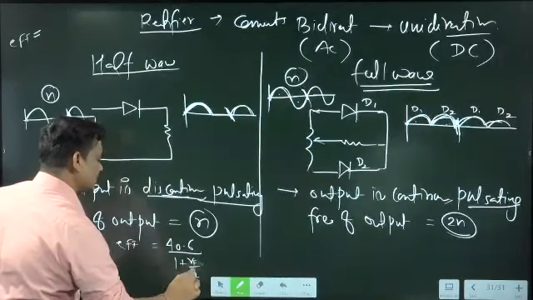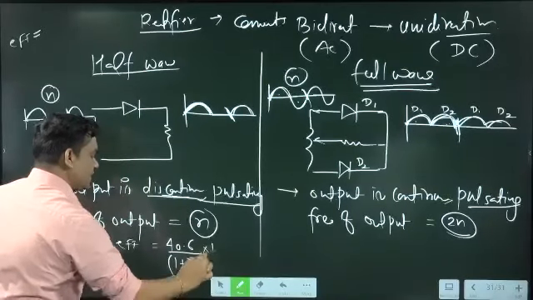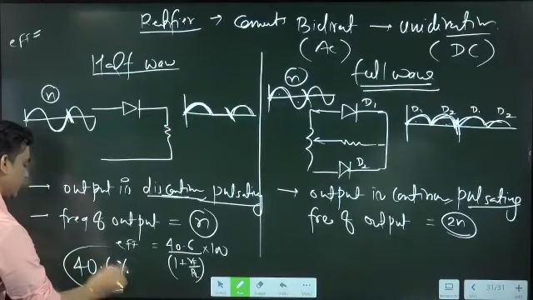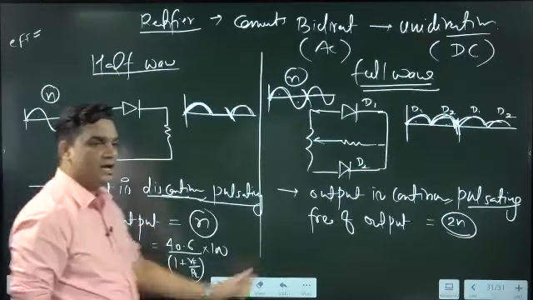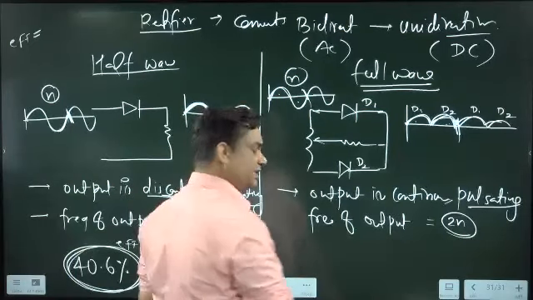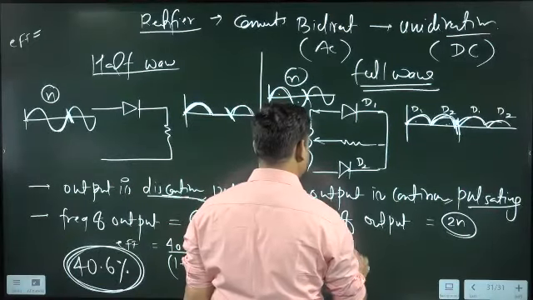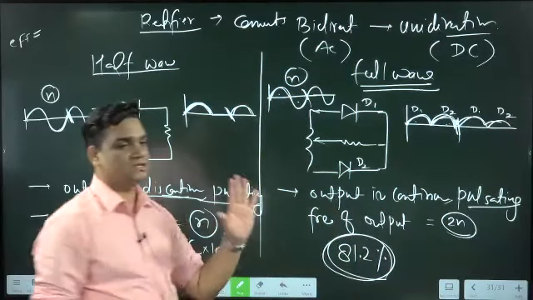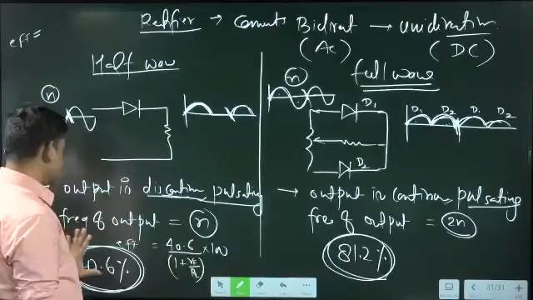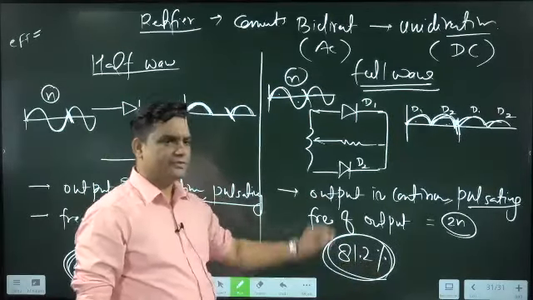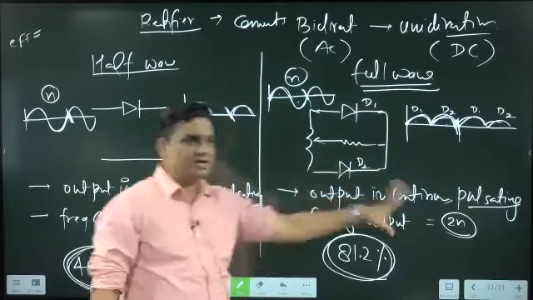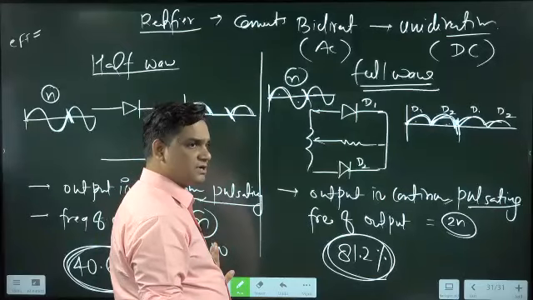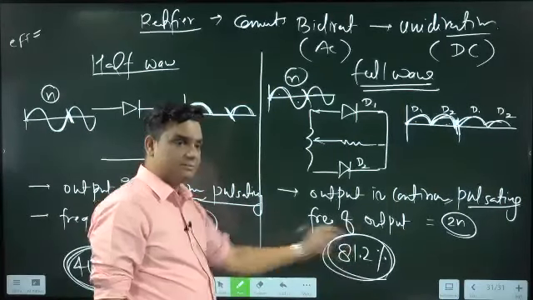But no need to remember this directly; remember that for an ideal diode the efficiency of half wave is 40.6%, and for full wave it is just double, 81.2%. Generally this will be asked, 40.6 or 81.2. Out of 100, only 40% will be converted in half wave, while in full wave 81% will be converted.